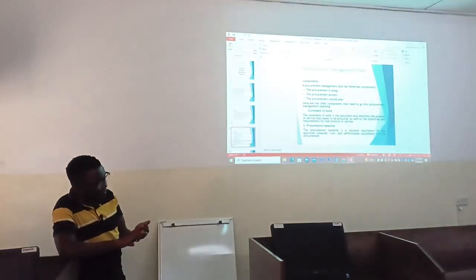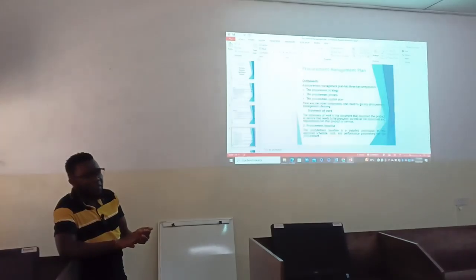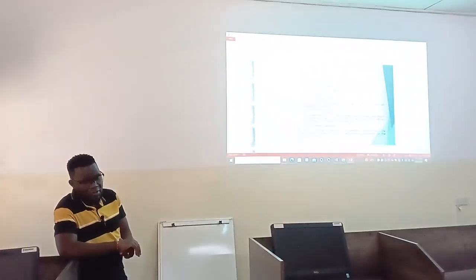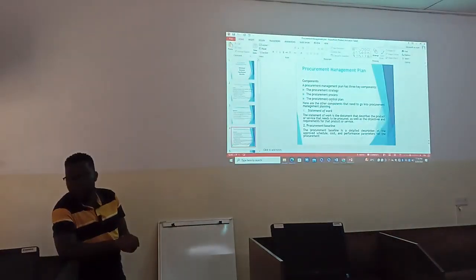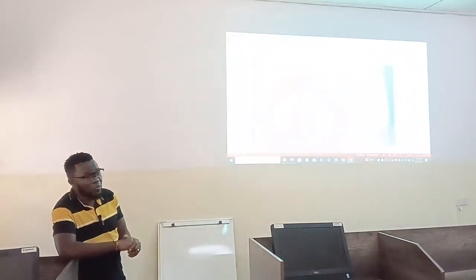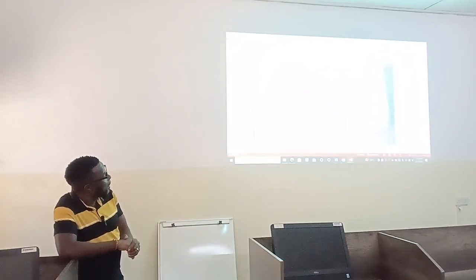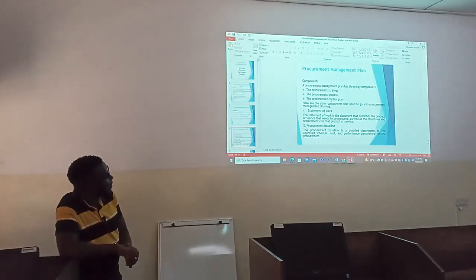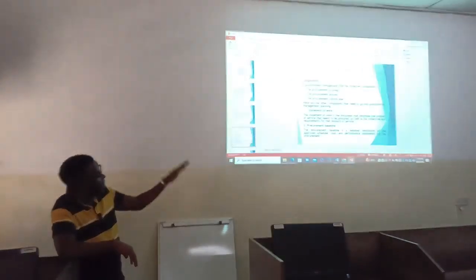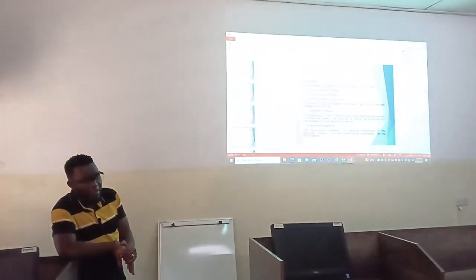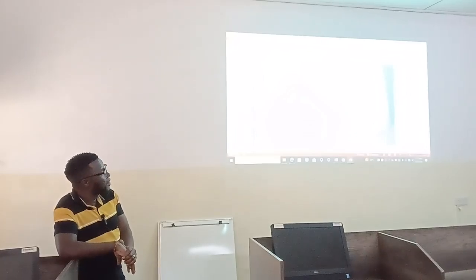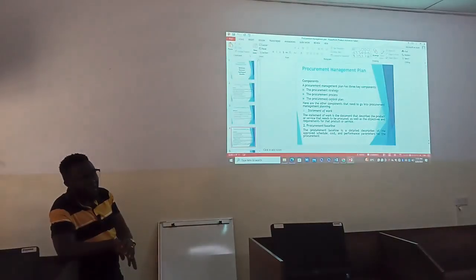And basically, there is a template that we can also see, we'll share amongst ourselves, and at least be able to spot those components. So this procurement management plan has a number of components, but there are three that I've separated because they look like they are key.